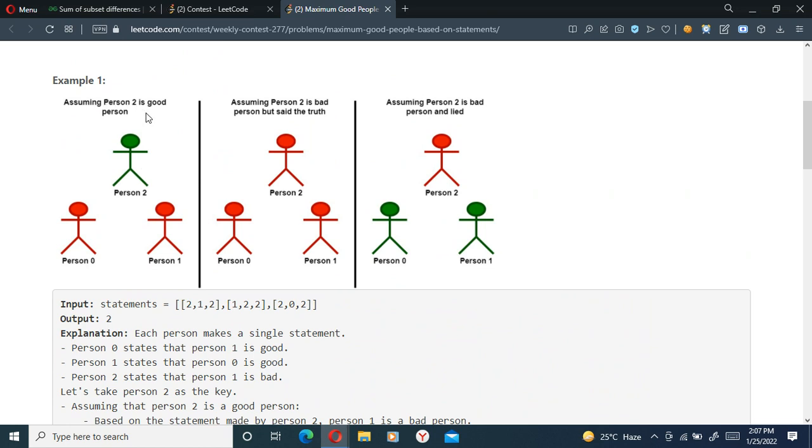Okay, so person 2 is a good person. Person 2 is a bad person but said the truth. Assuming person 2 is a bad person and lied.